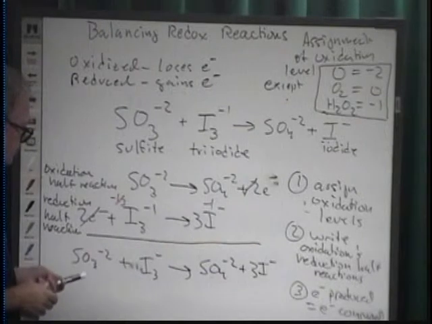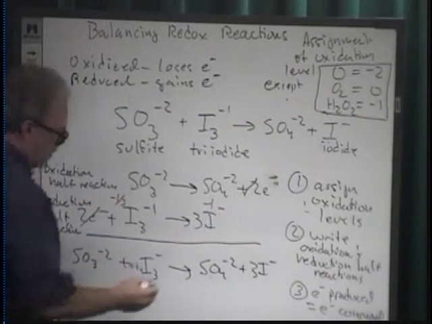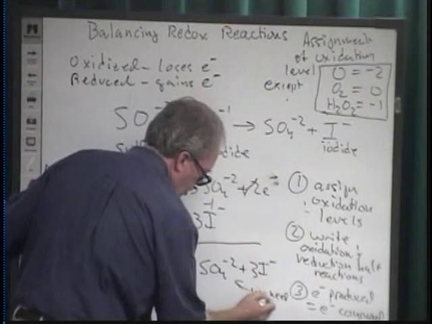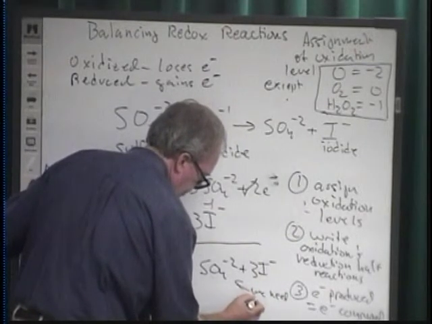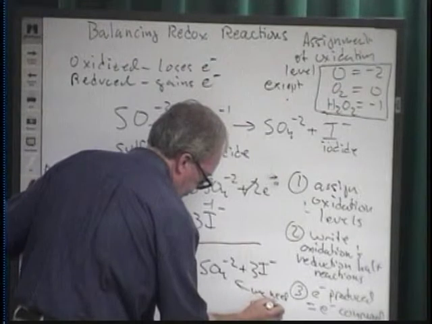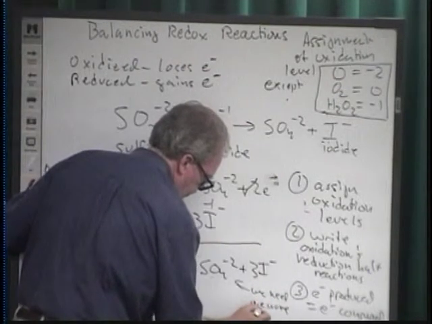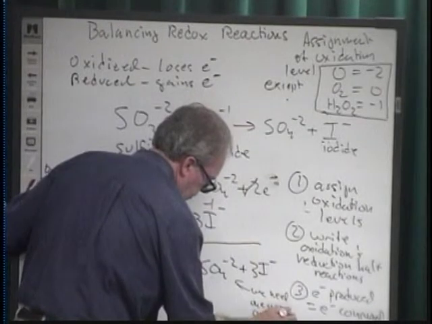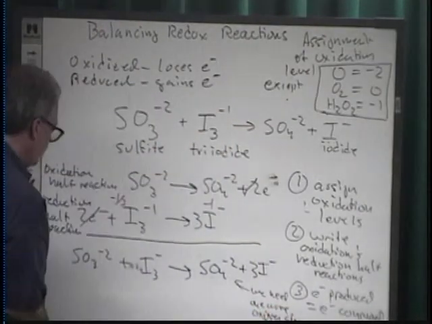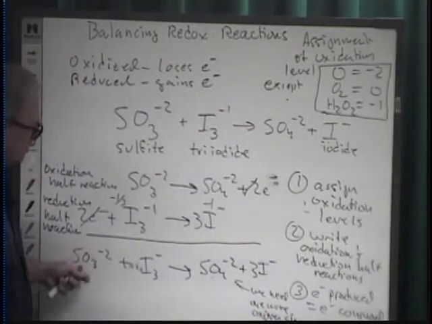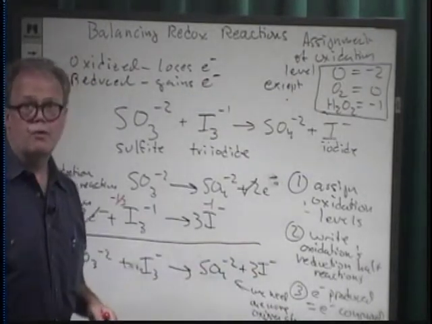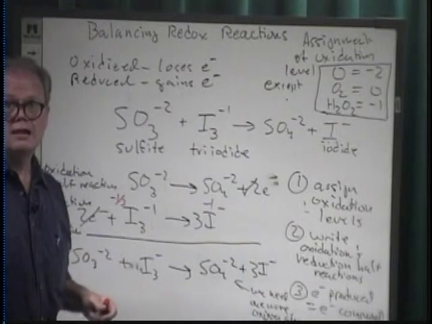And everything is pretty much balanced except we need 1 more oxygen atom. In other words, here we've got 3 oxygen atoms on the reactant side. On the product side, we have 4. Okay, so we're lacking one oxygen atom.